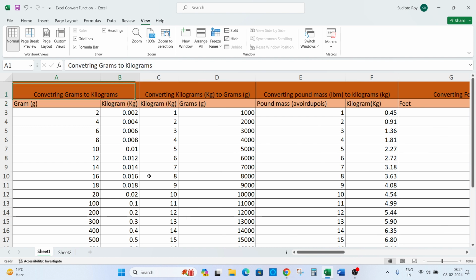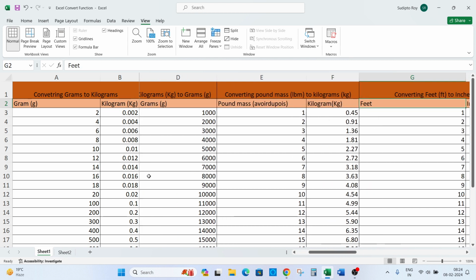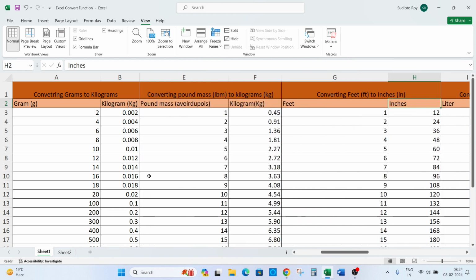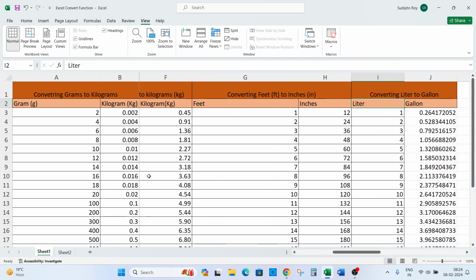So I have the examples here. For example, we are converting grams into kilograms, and kilograms into grams, vice versa. We have converted pounds into kilograms, feet into inches, and liters into gallons.